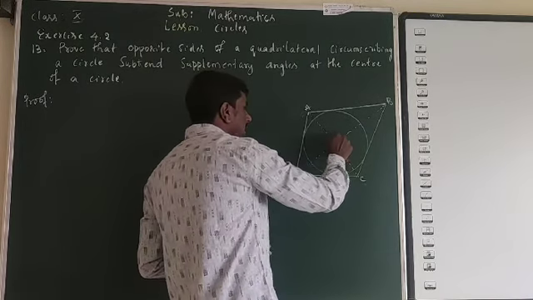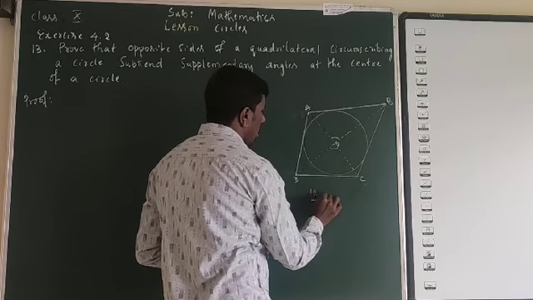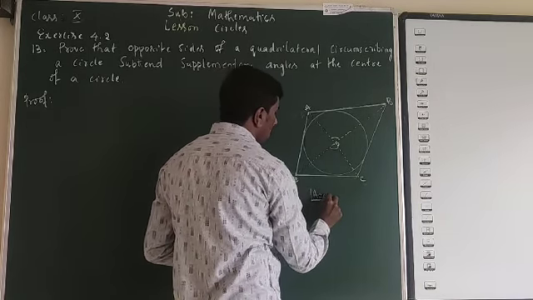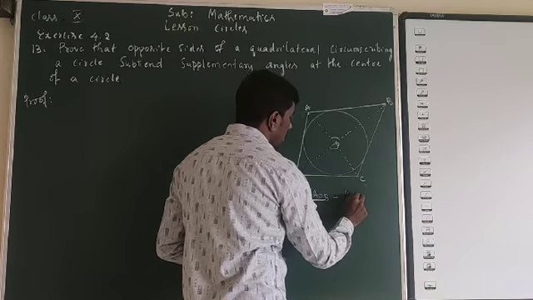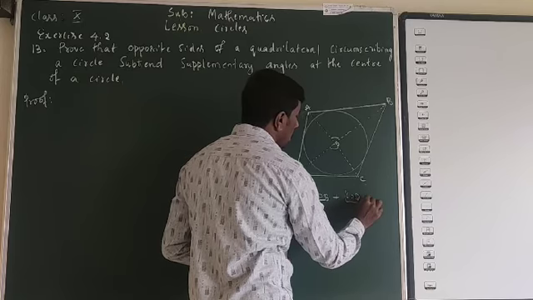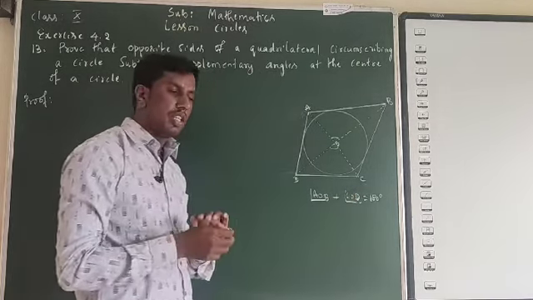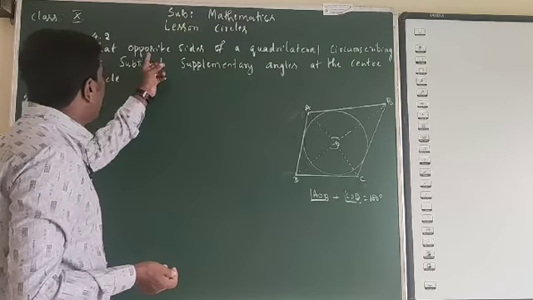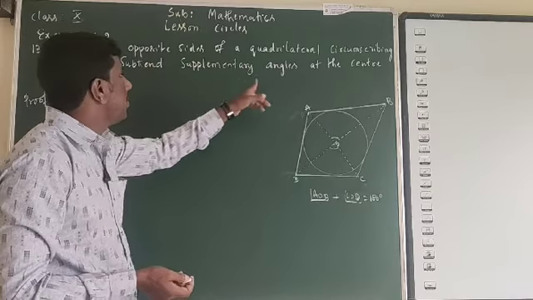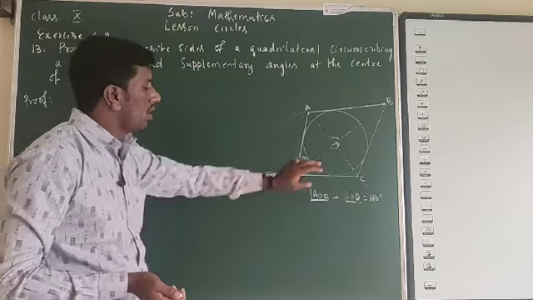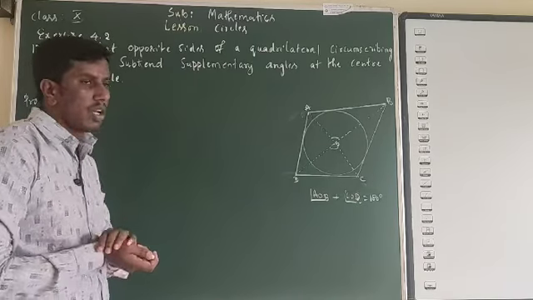Adding these two, angle AOB and angle COD, should equal 180 degrees. If we prove these two angles sum to 180 degrees, then we can say that opposite sides of a quadrilateral circumscribing a circle subtend supplementary angles at the center of the circle. If you prove that, this will complete the theorem.